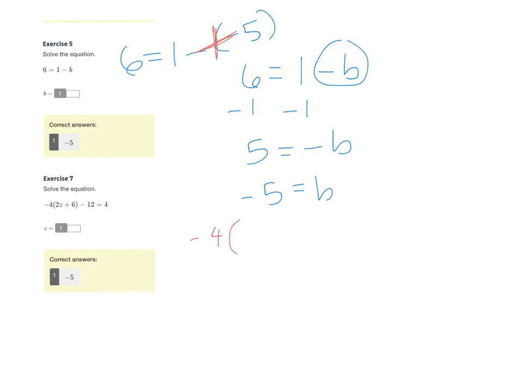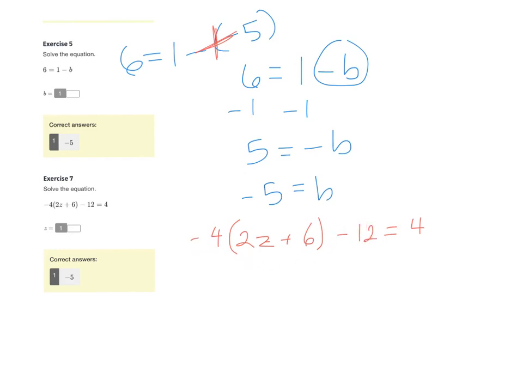Negative 4 times 2z plus 6 in parentheses minus 12 is equal to 4. Alright, we got a lot to go through here, but if you look at this to isolate the variable, we've got addition or subtraction going on here.